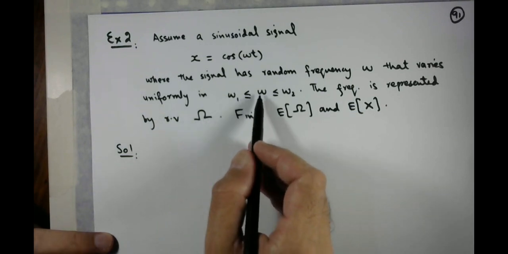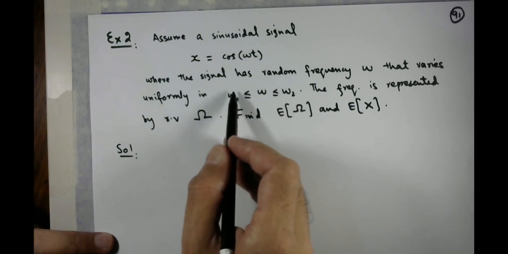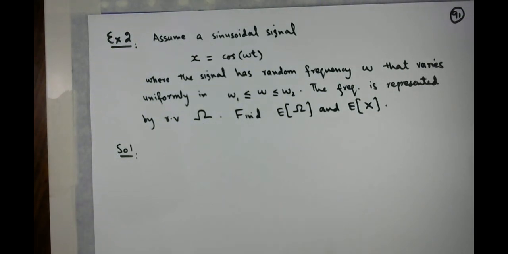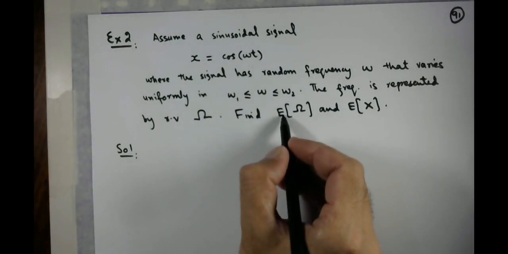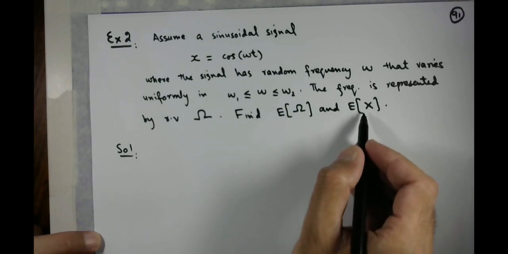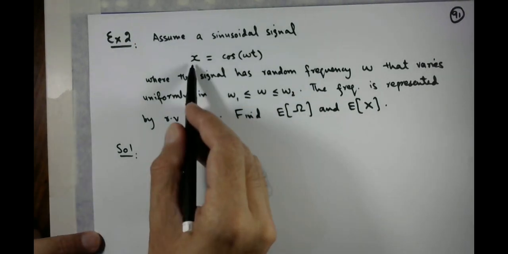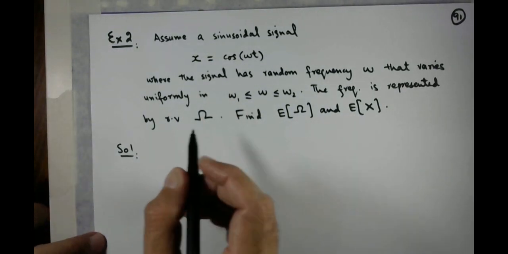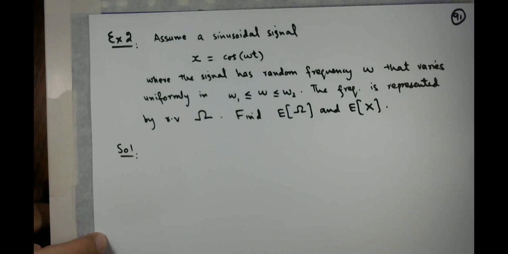So this random variable is represented by capital omega. So now we are asked to find the expectation of capital omega and expectation of the random signal or the random variable x in this question.